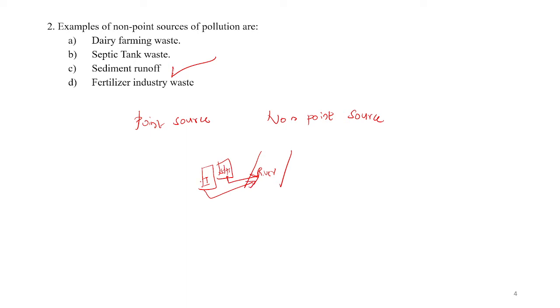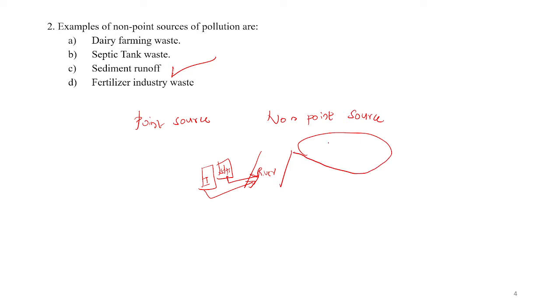So these types of sources are called point sources. Dairy farming waste is one such source, septic tank waste is another source, and fertilizer industry waste is another such type of point source.